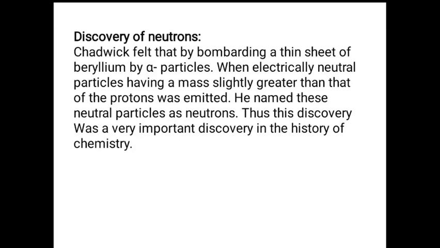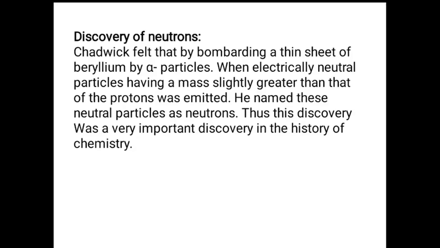For example, hydrogen has got one electron and one proton. That means the mass of hydrogen atom should be equal to the mass of one proton, that is 1 U. Now, the moment we shift from hydrogen to helium, helium has got 2 electrons and 2 protons.